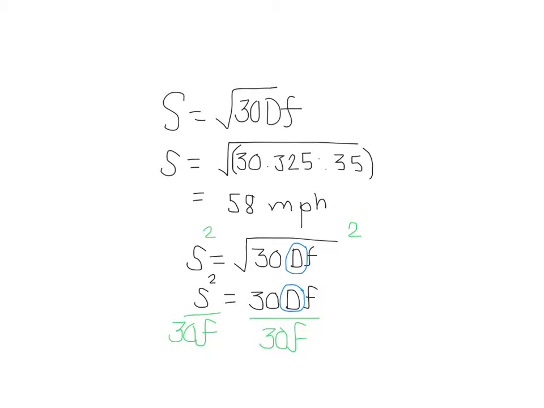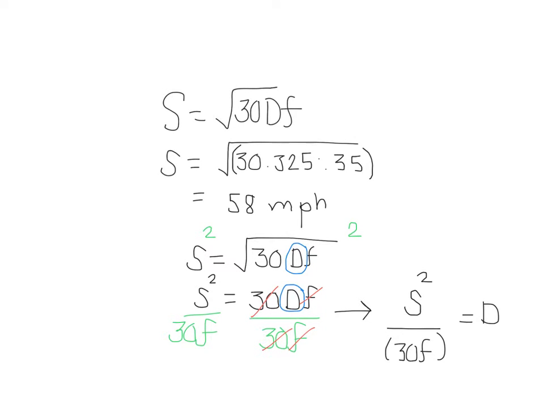That will allow us to eliminate the 30s and the Fs, and we have a new form of this equation, and that is that D can be found by taking the speed at which the car is traveling, squaring it, and dividing it by the product of 30 and the coefficient of friction.